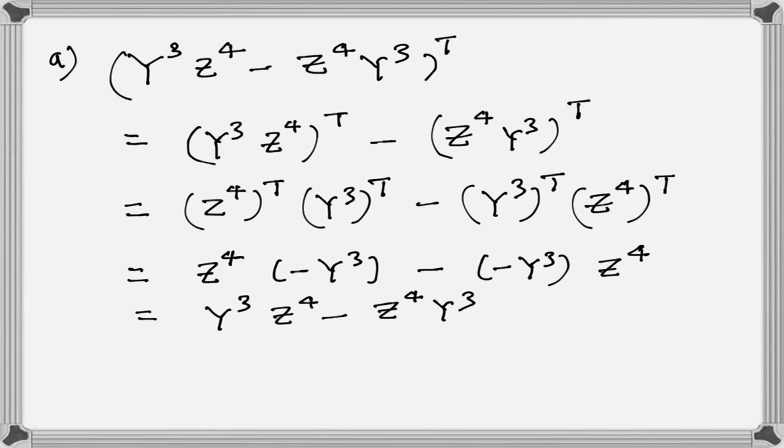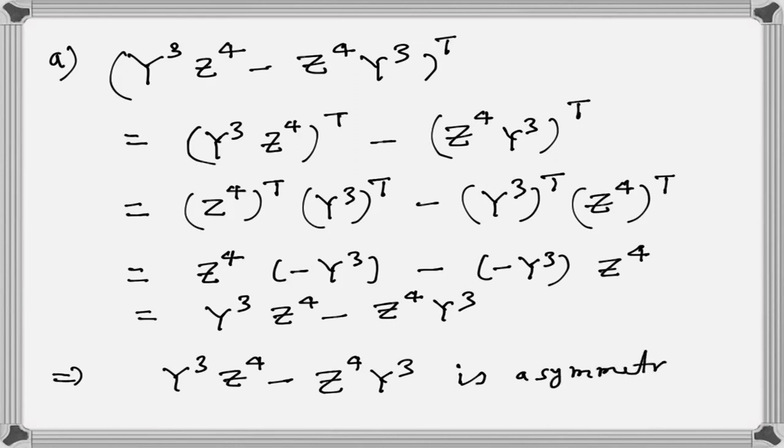That means this matrix is a symmetric matrix. This implies y cube z^4 minus z^4 y cube is a symmetric matrix. Okay, so let's go to another part, which is part B.